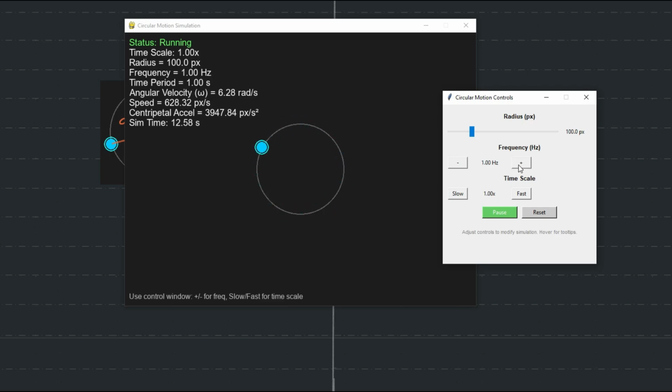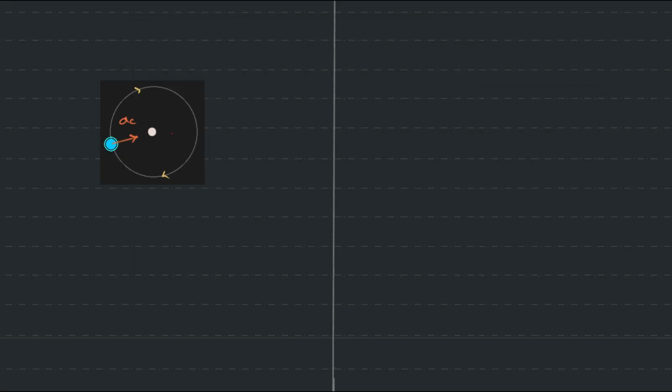Now I'm changing it again. Now it's moving faster, right? Faster again. So this is increasing the speed, or we can even reduce the speed. We can make it go slower. So these are all account of change in the rate at which it's going round and round.